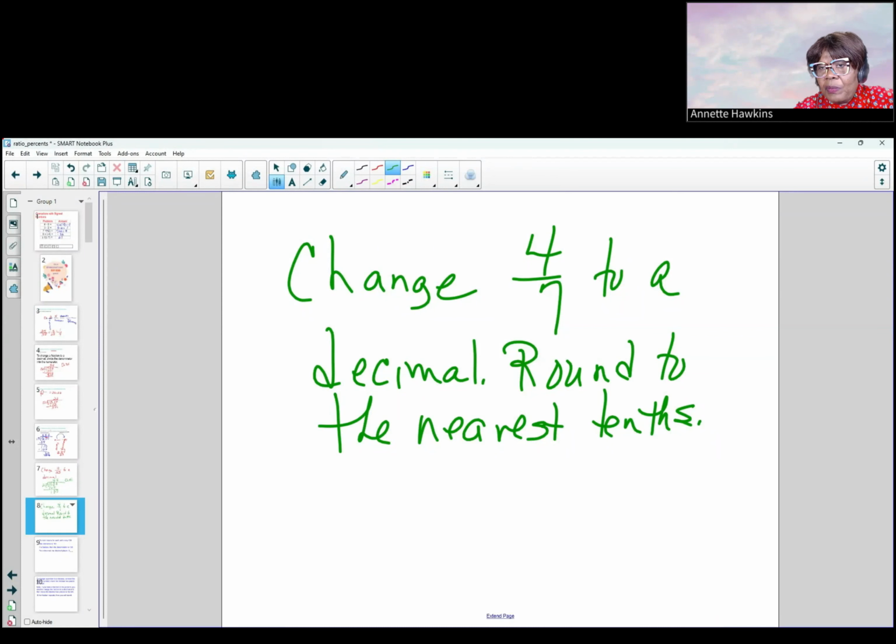Okay, so I'm going to show you on this Desmos calculator so that you see what it looks like.